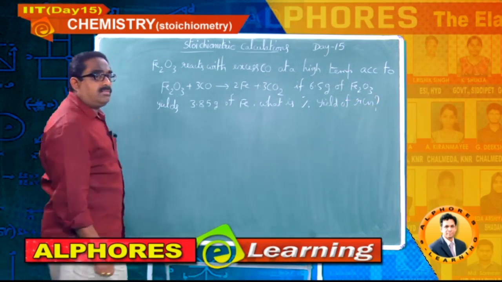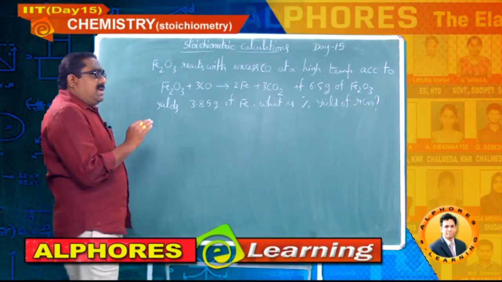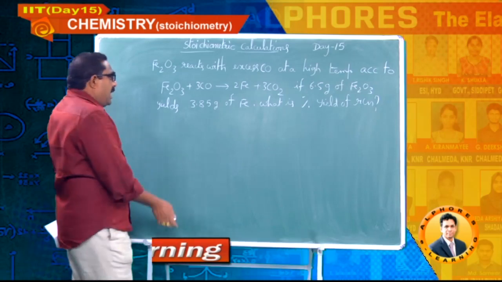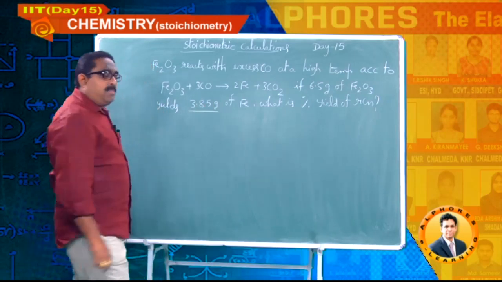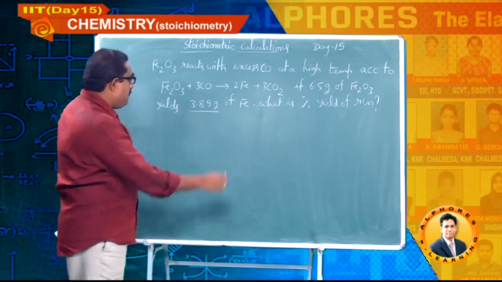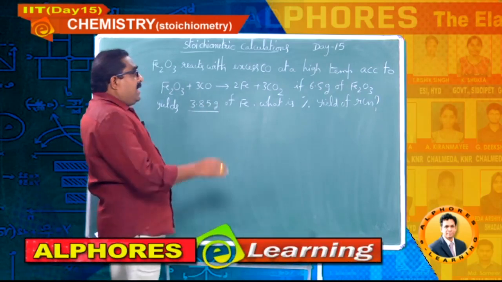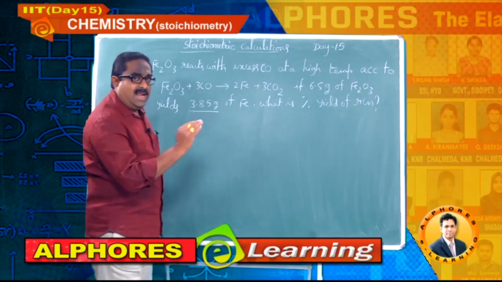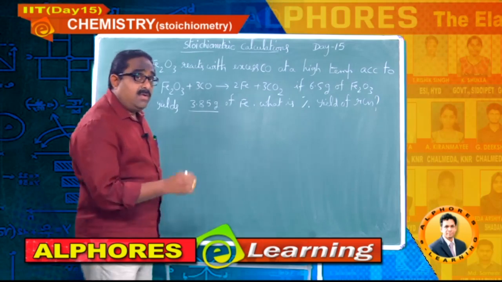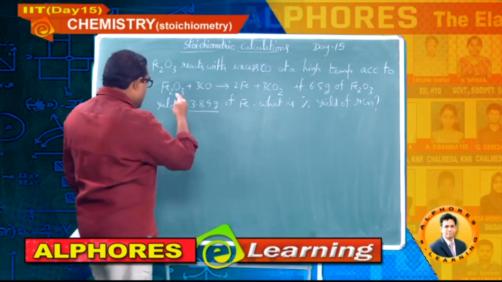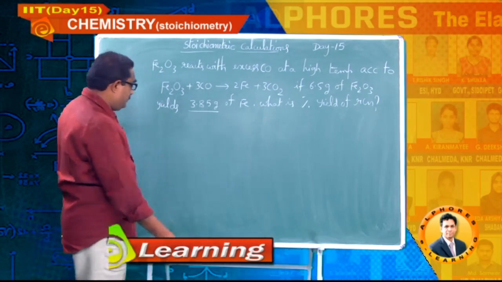Now, percentage yield means the actual amount of product obtained, here 3.85 grams of iron, divided by the theoretically calculated amount of product, which I am going to calculate now.